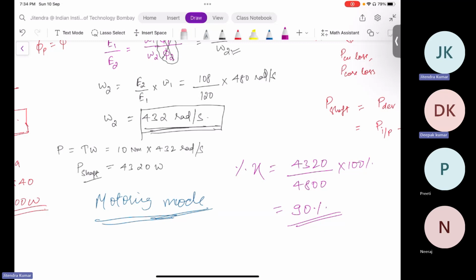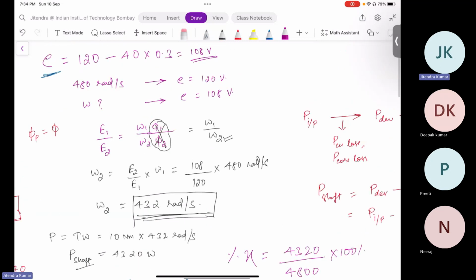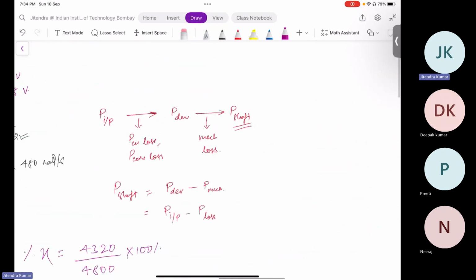Sir, at no load, what will be the shaft power? Zero. No, at no load you will have certain rotational losses. You have mechanical loss and core loss at no load.